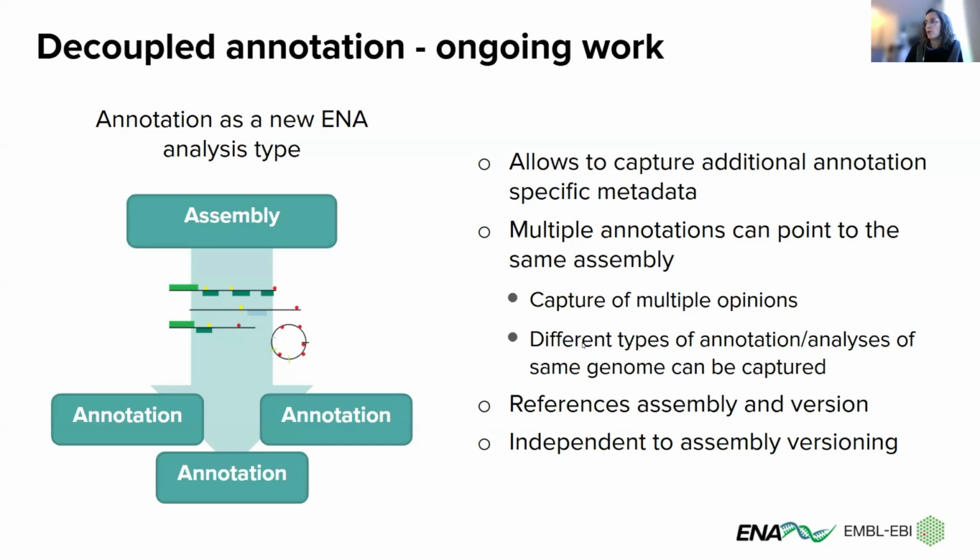These annotations will reference the assembly and its specific version, and are independent of the assembly version. This is work still under development, but as Alice mentioned, it should be ready in 2026. We're in the final stages of implementation, and we'll start testing this quite soon.